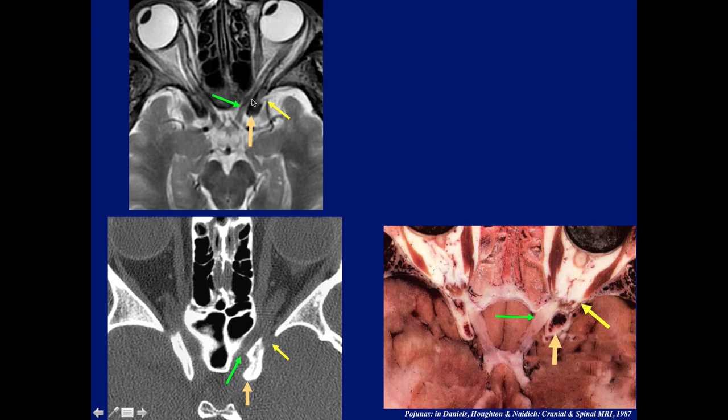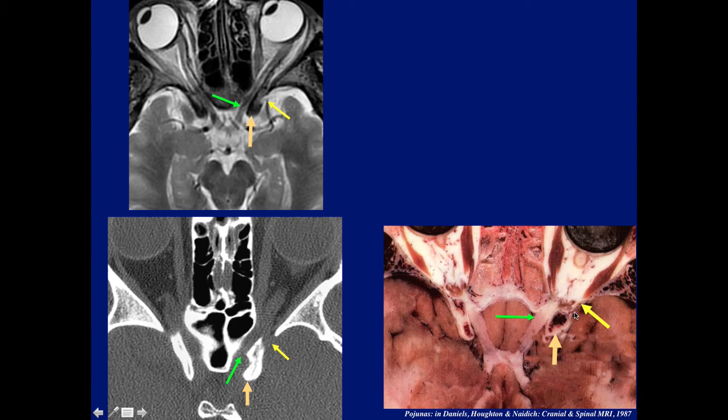Optic nerve going into the orbit. Anterior clinoid. This little notch here, that's the superior orbital fissure. Optic canal on the CT. Here is the clinoid. This little notch is the superior orbital fissure. Here on this beautiful specimen, optic nerve, chiasm, anterior clinoid with a marrow within it.